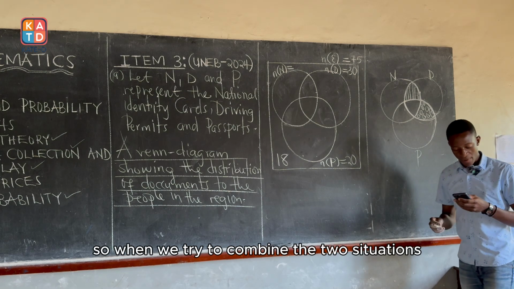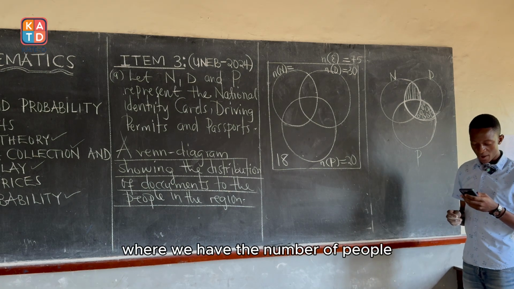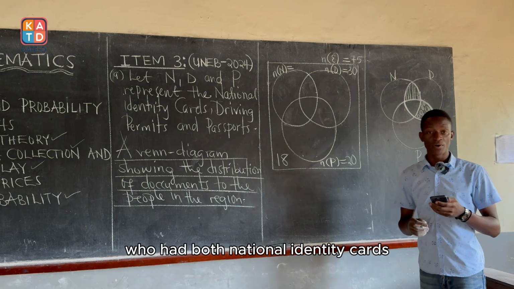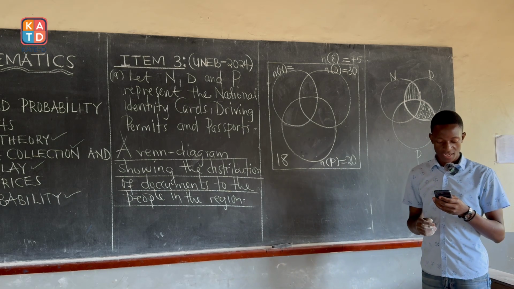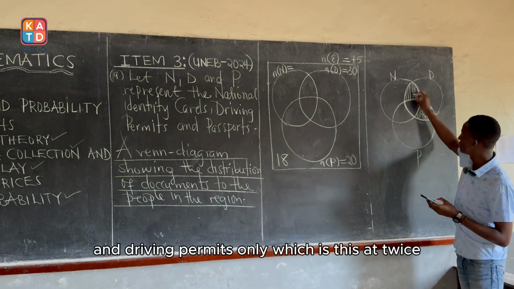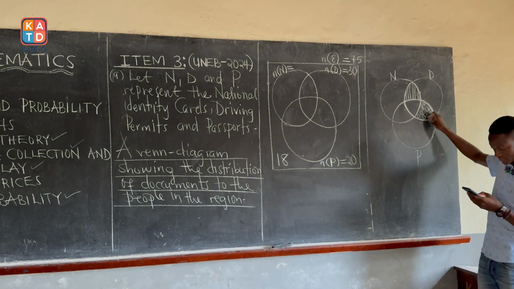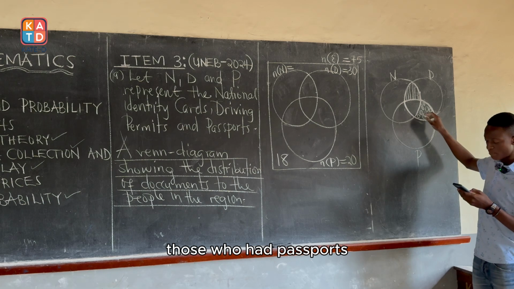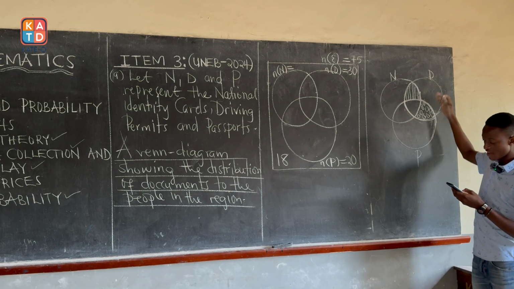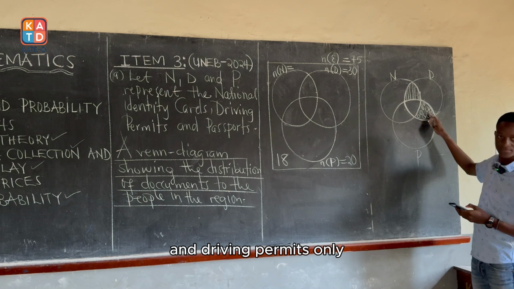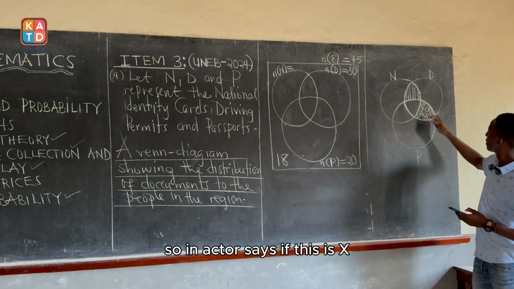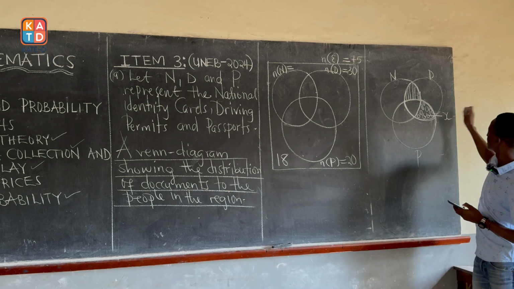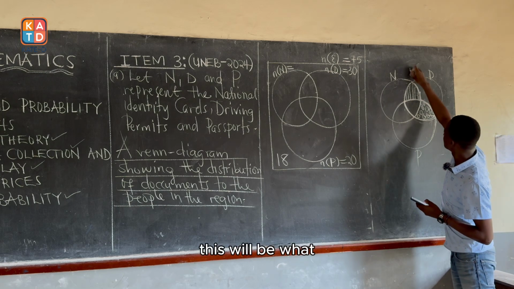So when we try to combine the two situations, the number of people who had both national identity cards and driving permits only, which is this, are twice those who had passports and driving permits only. So in actual sense, if this is X, this will be what?